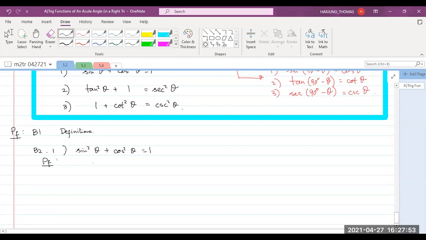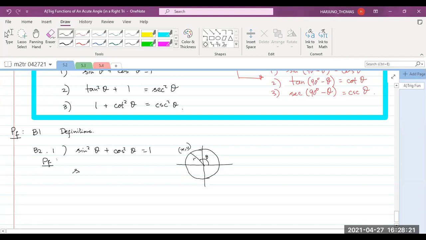Now we will start in the following. Now you see that if we have circle with radius r and angle theta in standard position correspond to coordinate x, y with distance r from the origin.